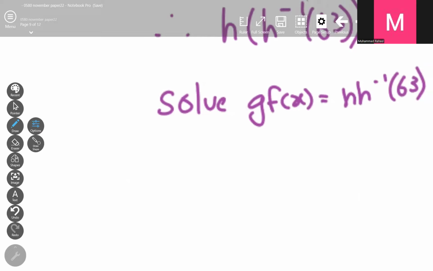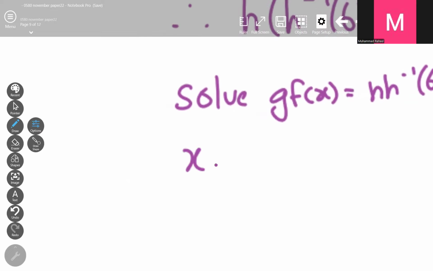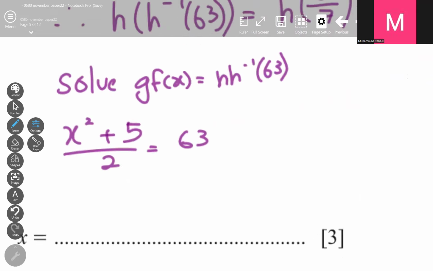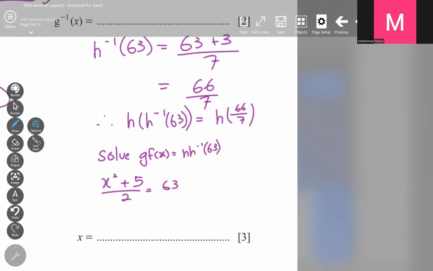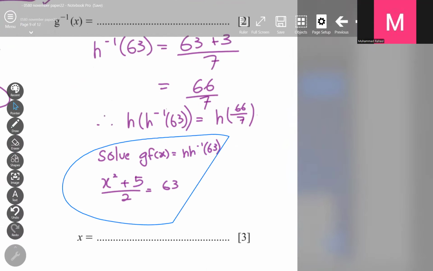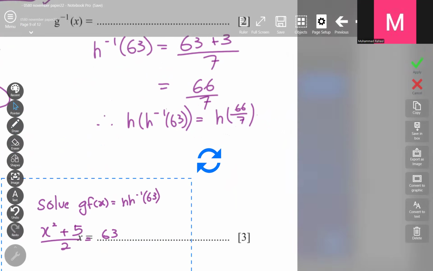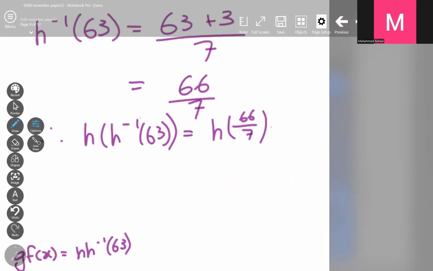So we can have x squared plus 5 over 2 equals 66 over 7.